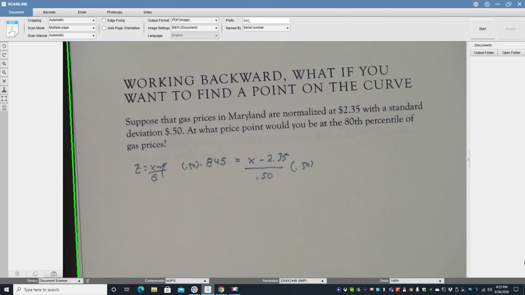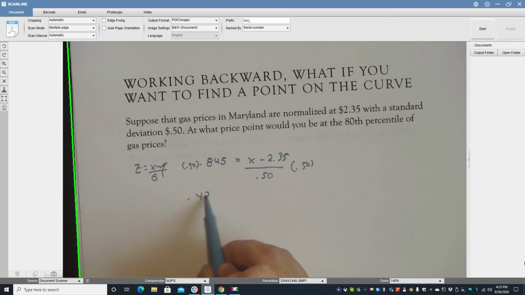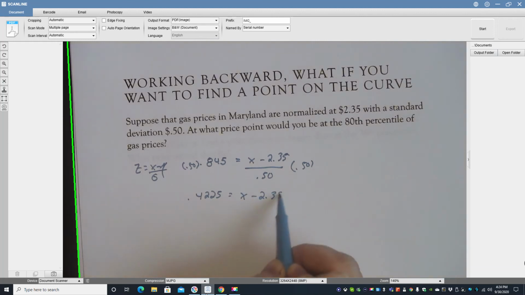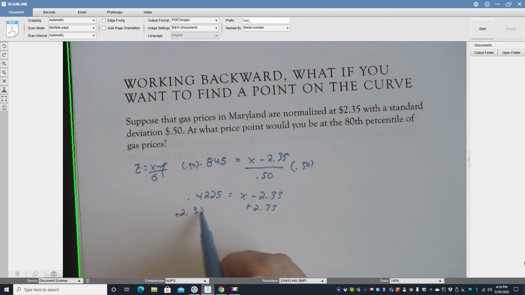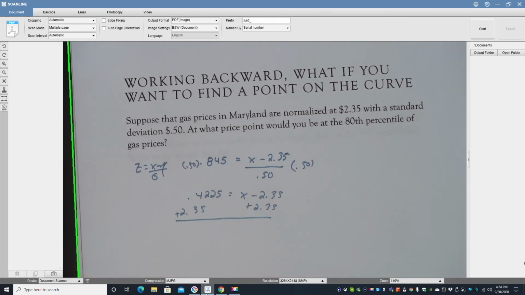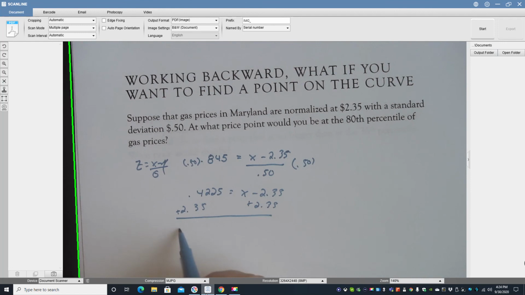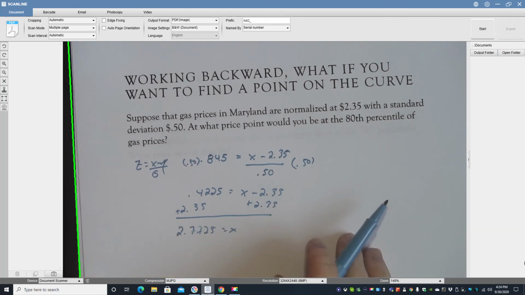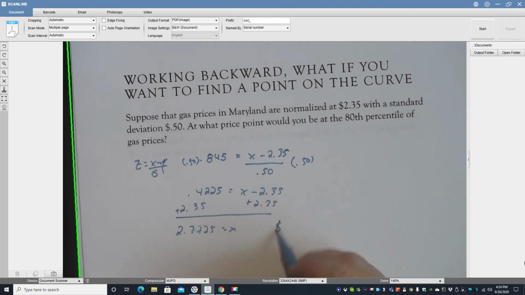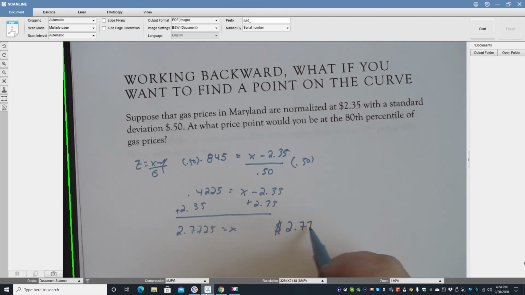So let's see, 0.5 times .845 gives me .4225. And then I would add 2.35. That would give me 2.7725. And since we're talking about money, we can round it to $2.77.